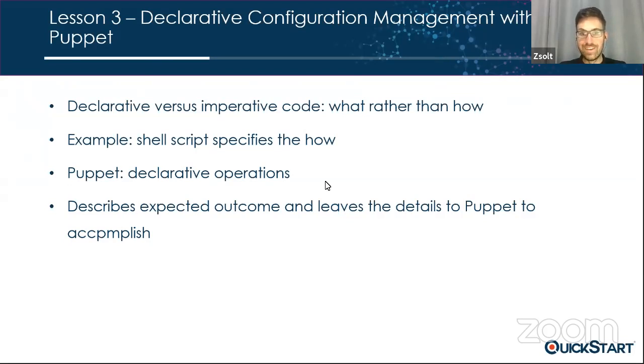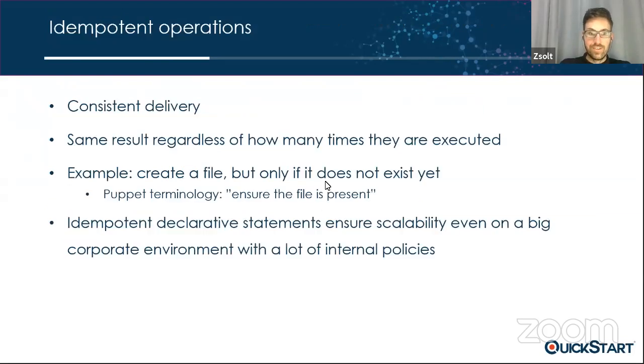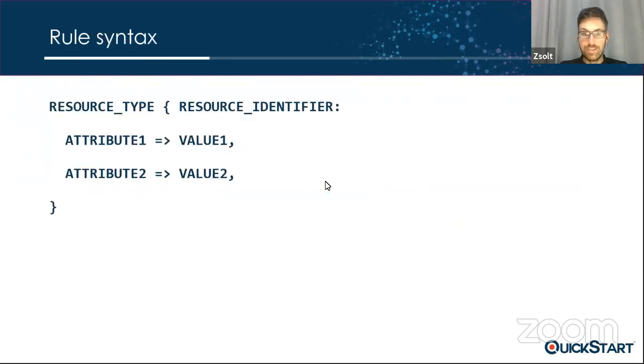And the underlying Puppet execution mechanism figures out how to solve a given problem that we described. We already talked about idempotency, so I'm conscious of time. I'm skipping this. Ensuring a file is present is an idempotent statement in Puppet terminology. This means that it doesn't matter how many times we execute it, we will get the same result. And it's important because the end state matters.